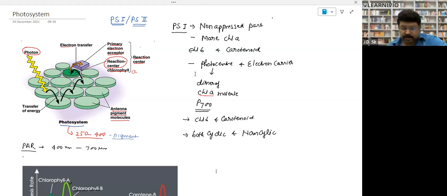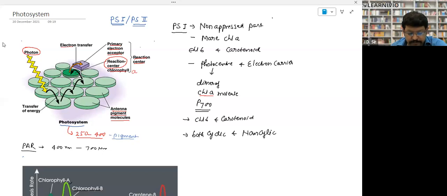Next line is very important. They are named after the sequence they were discovered.